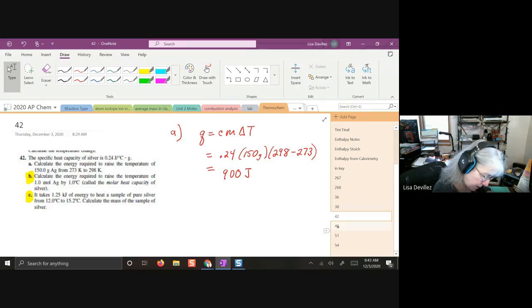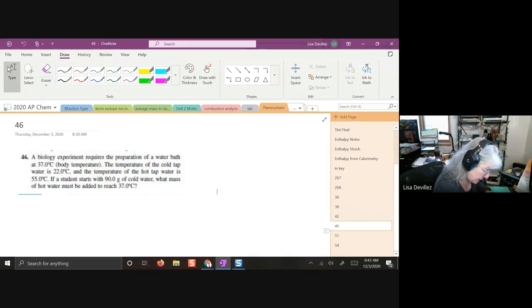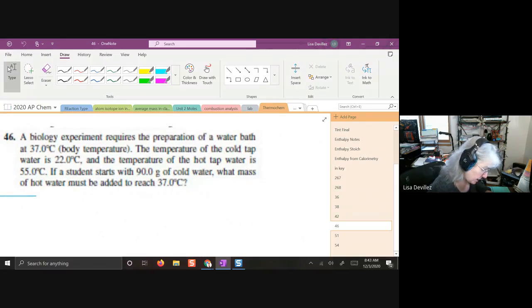All right. Okay, 46. Let's see what this one is. Biology experiment requires prep of a water bath at 37 degrees Celsius. The cold water is 22 and the hot is 55. If I start with 90 grams of cold water, what mass of hot water?